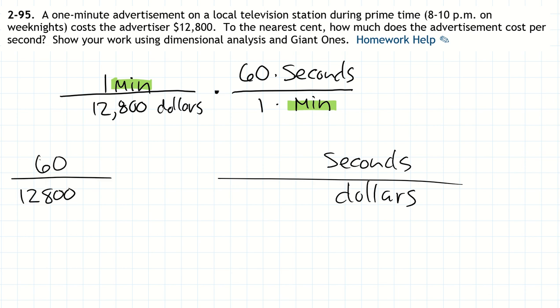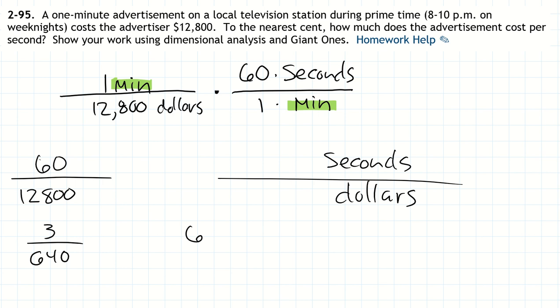So I guess this was a good example to look at, because when I do this, I get the 60 seconds in the top and the 12,800 in the bottom. That can reduce to 3 per 640, but they're asking for the cost per second to the nearest cent. So I really need the reciprocal of that, and I can write that.